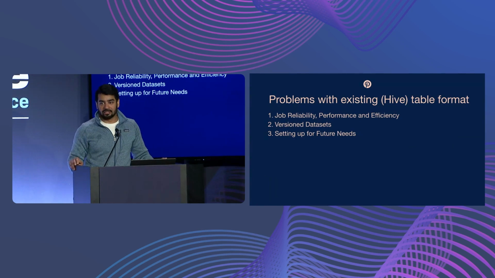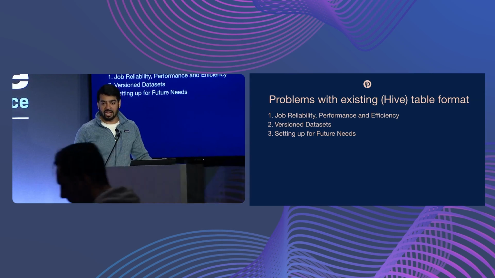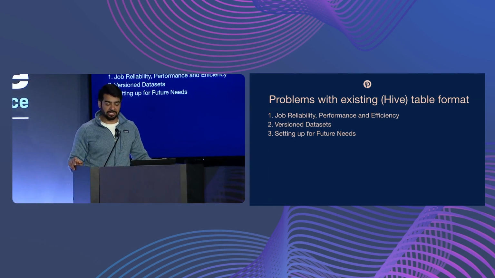So as I said, in 2020, we started looking into alternate table formats. For us, the reason was essentially along three dimensions. The first was general job reliability, performance, and efficiency. As I said, all of our data was on S3. It's still on S3.